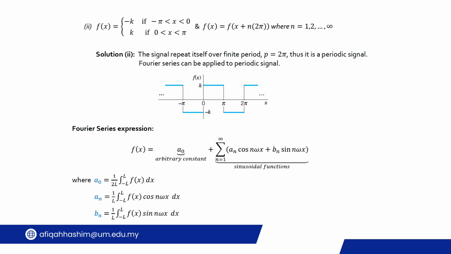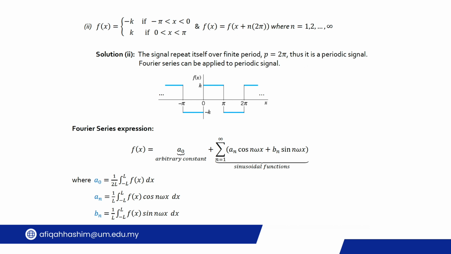We can use the general equation of the Fourier series expansion: f(x) equals a naught, an arbitrary constant, plus the infinite summation of a n cos n wx plus b n sin n wx. So the arbitrary constant plus sinusoidal functions, where a naught, a n and b n you can find using the formulas for these coefficients.